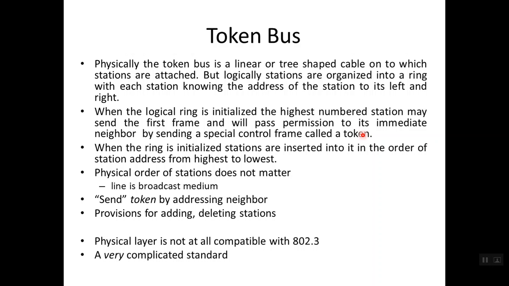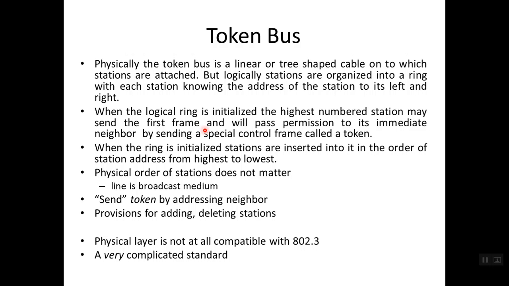That's why we can avoid collision in token bus, because only one station can transmit a frame at a time, because that machine has the token. No other machine in the network has the token. When the logical ring is initialized, the station with the highest address may send the first frame.